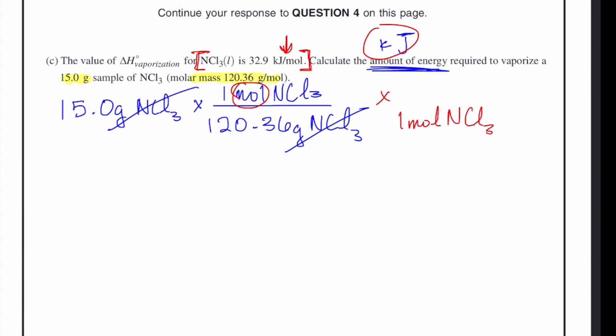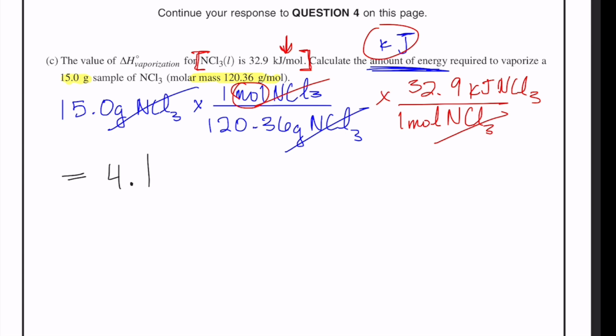And for every 1 mole of that, you require 32.9 kilojoules to vaporize it. Now the moles to moles will cancel out, delivering the final answer of 4.10 kilojoules.